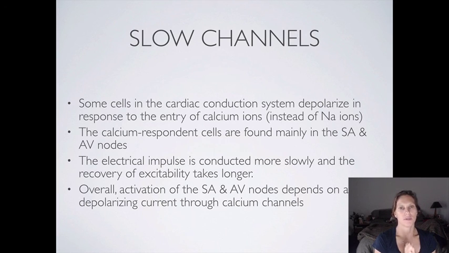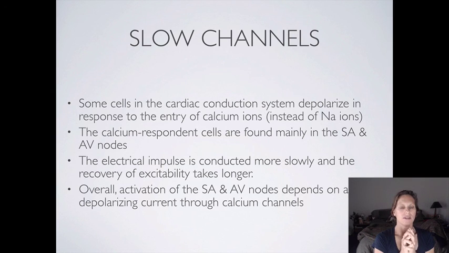Those calcium-respondent cells are found specifically in the SA node and the AV node, and therefore in these locations it takes a little bit longer for the electrical impulse to be conducted, and importantly, the recovery takes a little bit longer.